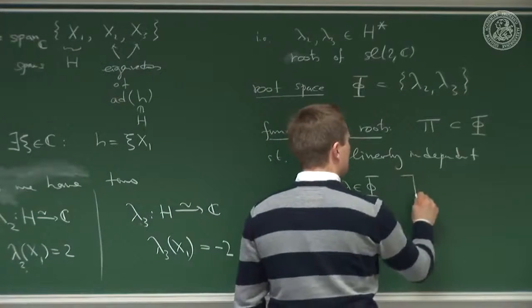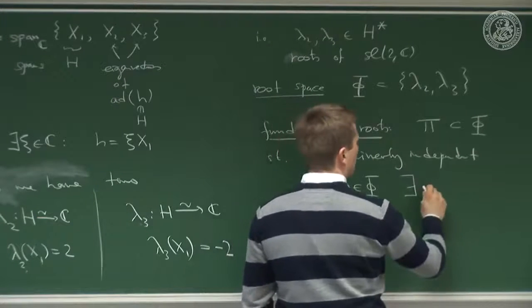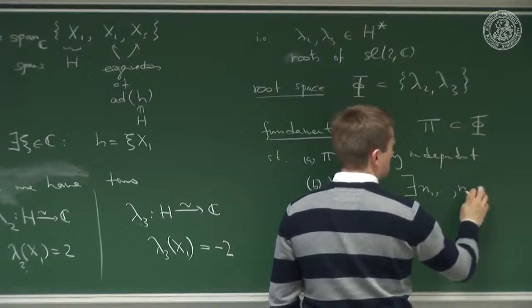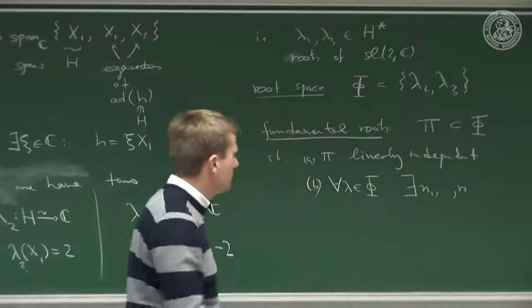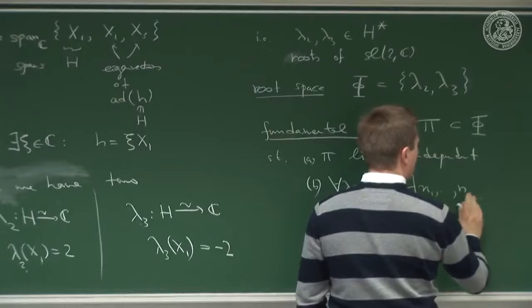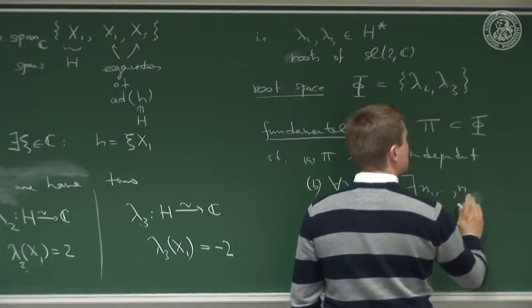For every root, there exist numbers n1 to n dim. There could be 0.